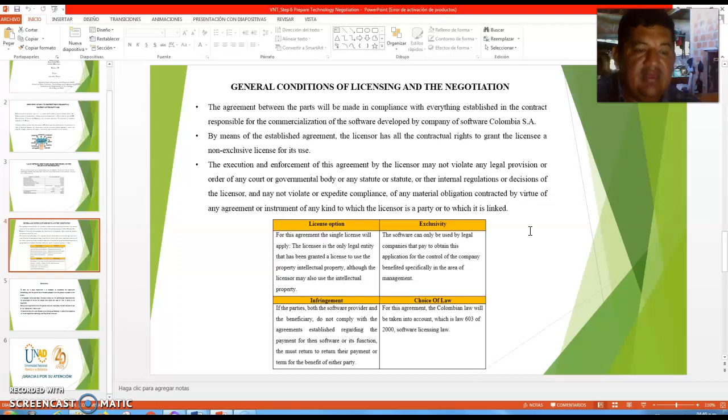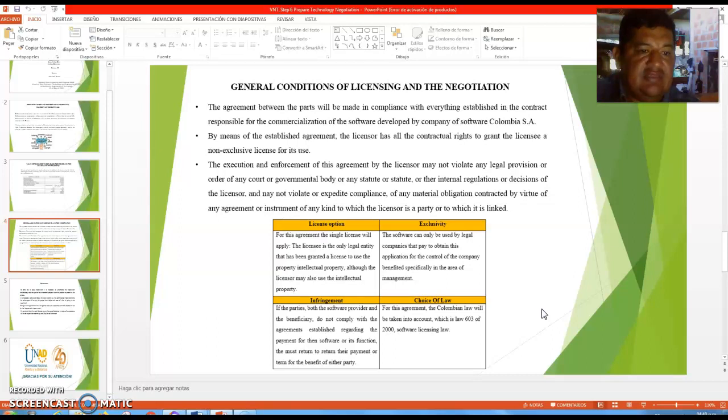It may not violate or hinder compliance with an obligation contracted by virtue of a grant instrument of a kind to which the licensor is party. For this grant, the licensing list will apply.